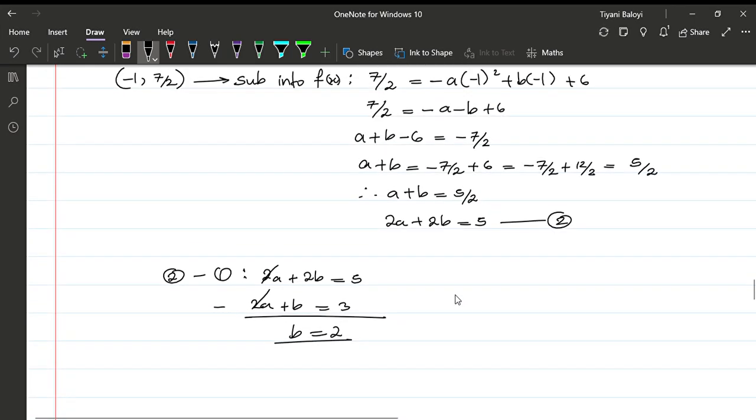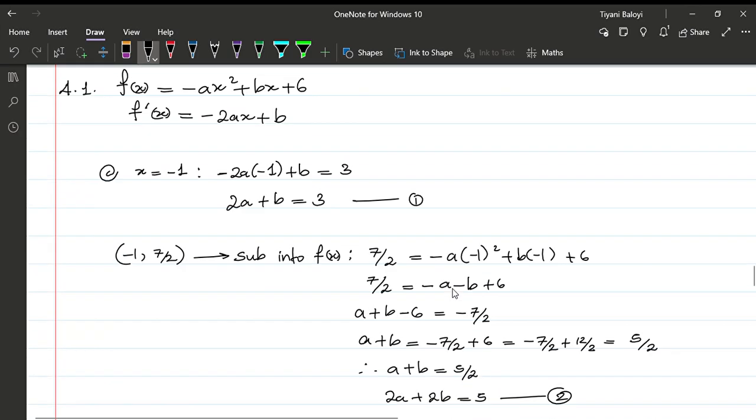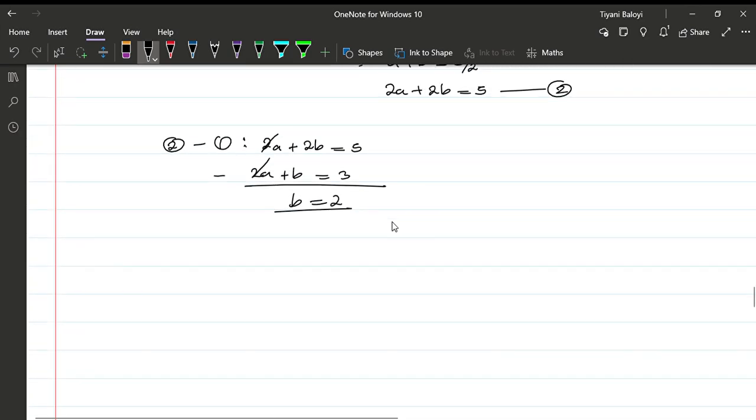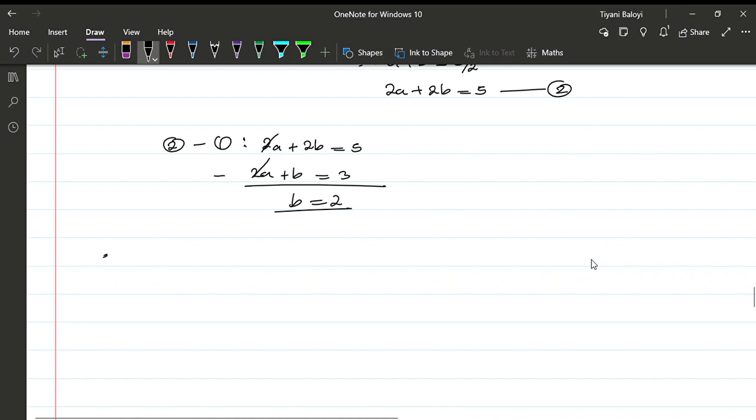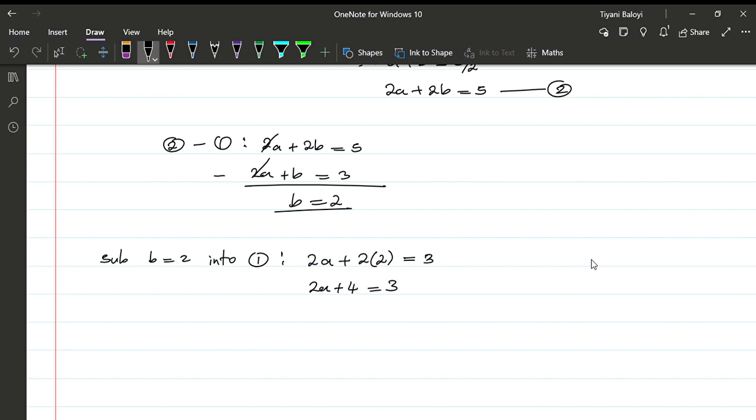And they said you must prove that b is equal to what? 2. So we've already proved that b is equal to 2. And then to get a, you can use either of these equations. So let's just use equation 1. So substitute b is equal to 2 into equation 1, and then you will have 2a plus 2b, which will be 2 times 2, and this should be equal to 3, so you have 2a plus 4 is equal to 3, so you have 2a is equal to 3 minus 4, which is equal to negative 1.